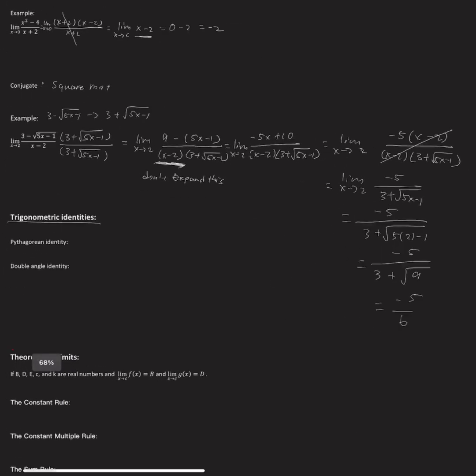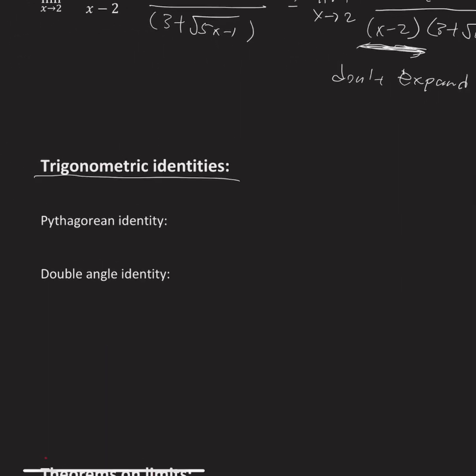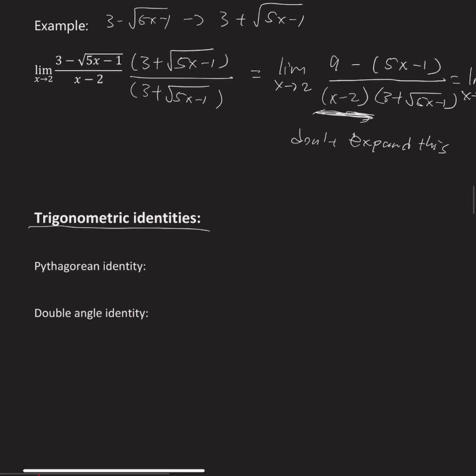Okay, about trigonometric identities. We're dealing with rational functions that include trigonometry, and direct substitution gives 0 over 0. We should consider using a trigonometric identity to simplify the expression.